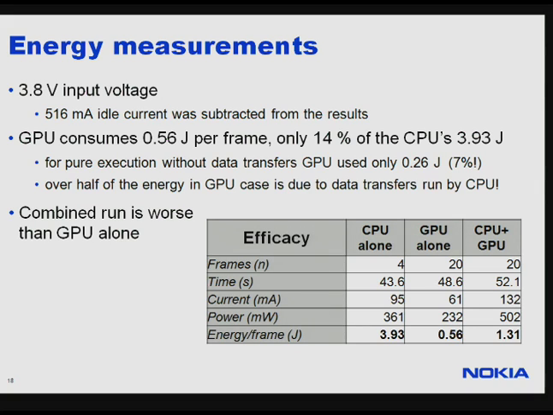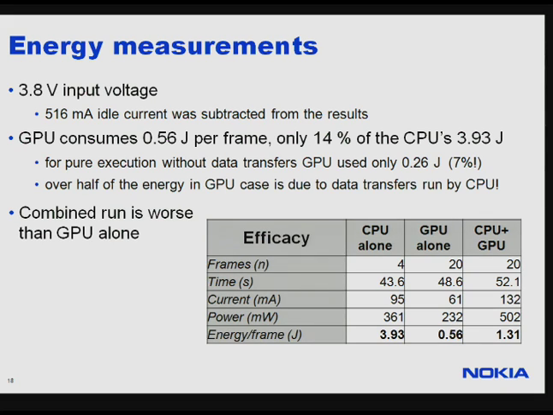Here's one topic that was less discussed by the previous talkers: energy measurements. This often is even more important than pure performance on mobile devices. Everything has to be run on batteries. So we did some measurements again. The input voltage was 3.8 volts, and there was some idle current that was subtracted. Now the difference between CPU and GPU is quite large.